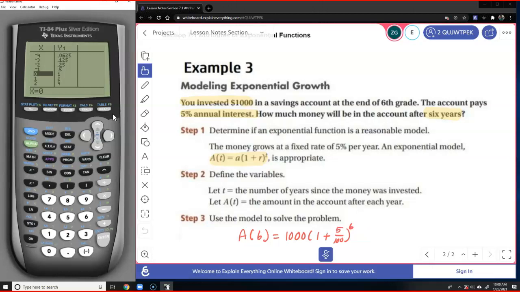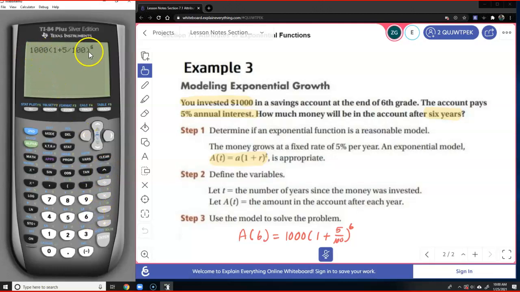So every number has a meaning. We have 1,000, which is how much money you started with. The 6 represents the years, and then 5 over 100 is the percentage. So you can come over here to your graphing calculator, and you have 1,000 parentheses 1 plus 5 divided by 100 raised to the 6th power.